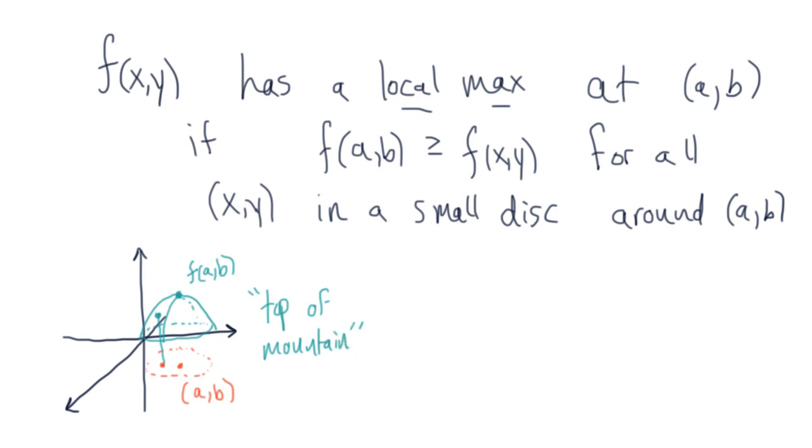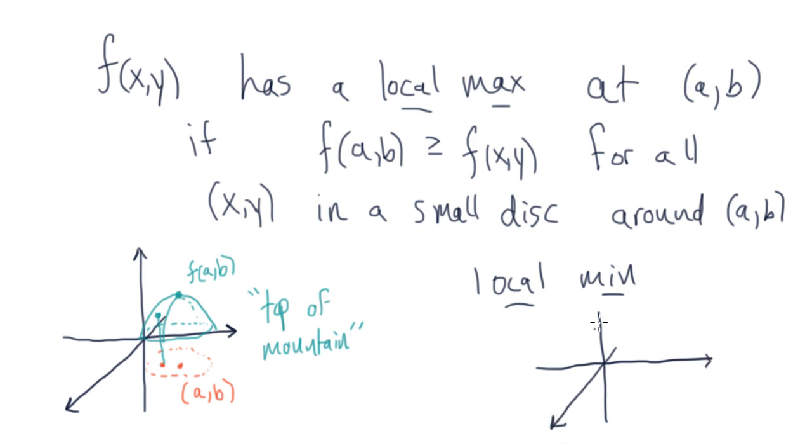And the same thing is true for local min. So basically, for a local min, we just want to switch this inequality. And instead of looking at the top of a mountain, we're going to be looking at the bottom of a valley in a small disk. So we have, again, our point (a, b). We have a small disk around (a, b).